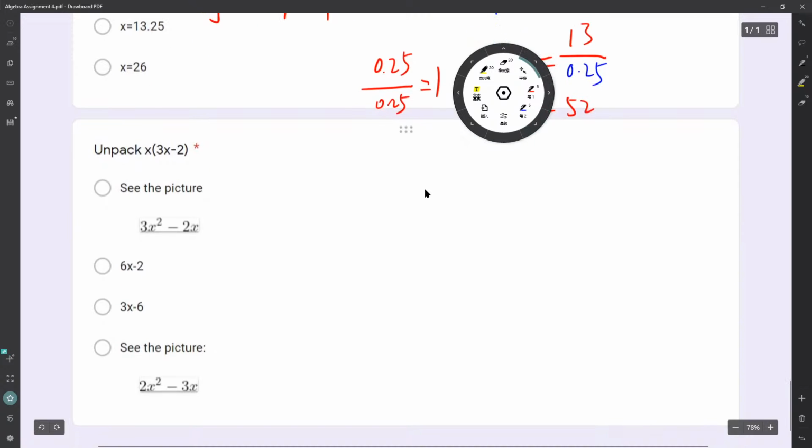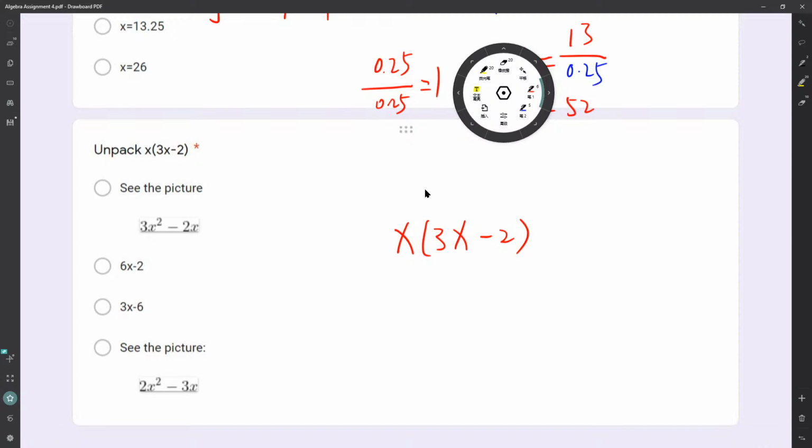And lastly, this unpack. We need some more practice with unpack. So here, things tend to be more complex because outside we have an x. It's not like a 3 or 2. It's not a number, but we have an x. But still, the same principle.